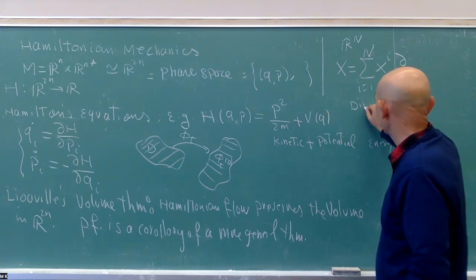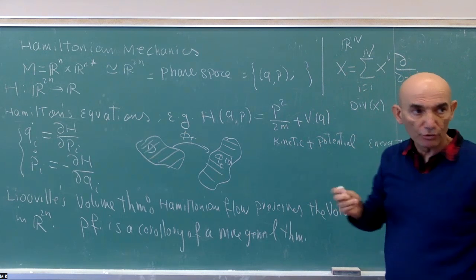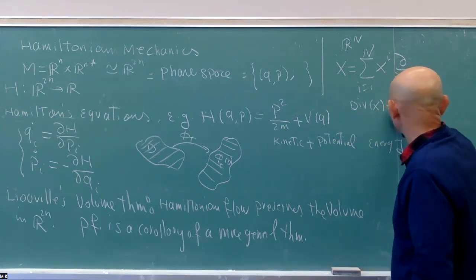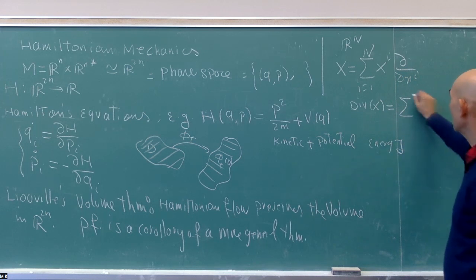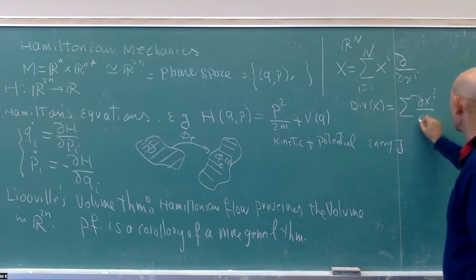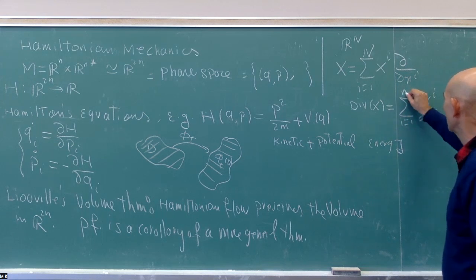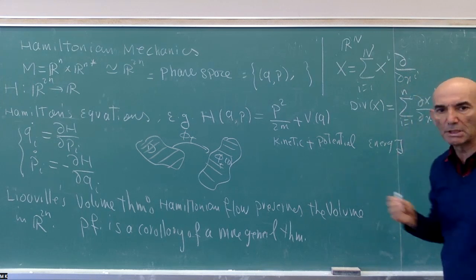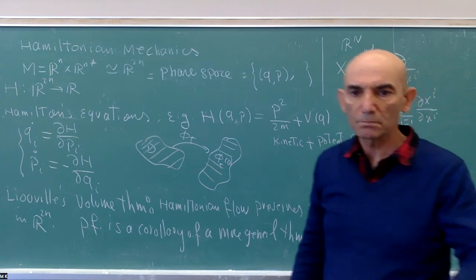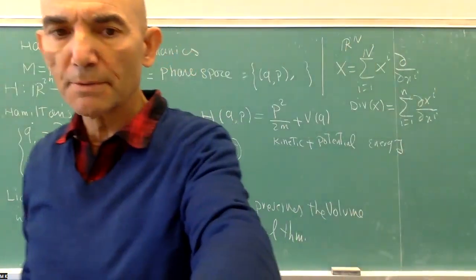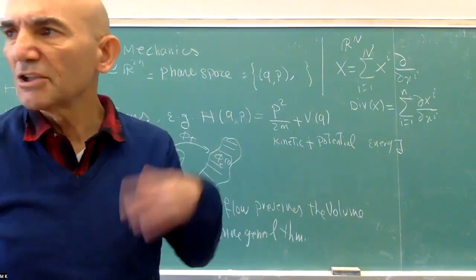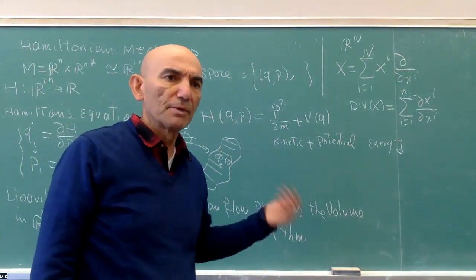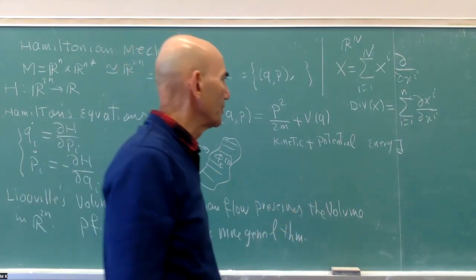So the divergence of X is a function which is the sum of partial X_i over partial x_i, i from 1 to n. It's the divergence function, a generalization of the divergence function of vector analysis in 2 and 3 dimensions.